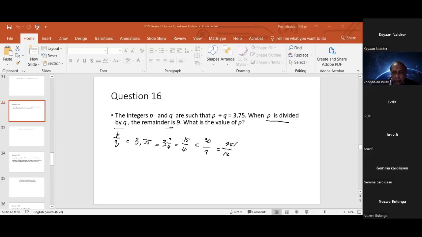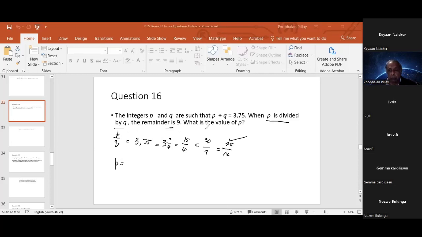So this is what we are looking for, right? P over Q is still 15 over 4 if you simplify this, which is 3.75. But when you divide 45 by 12, you're going to get 3, remainder 9. So what's the value of P?